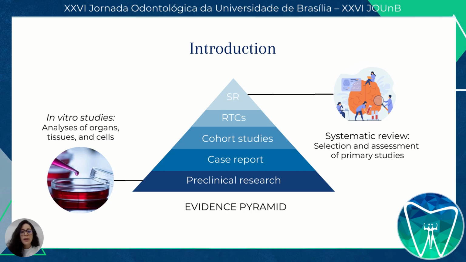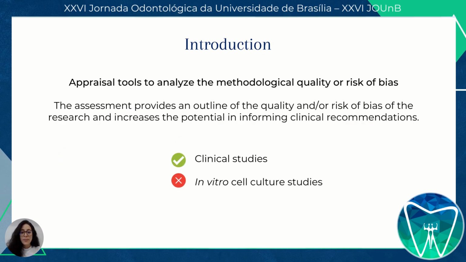On the other hand, systematic reviews are performed to answer a specific research question through the selection and assessment of primary studies, such as observational, laboratory, and clinical studies. Applying appraisal tools to analyze the methodological quality of included studies is an essential step in conducting a systematic review.